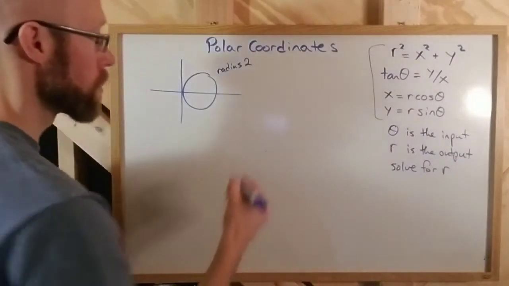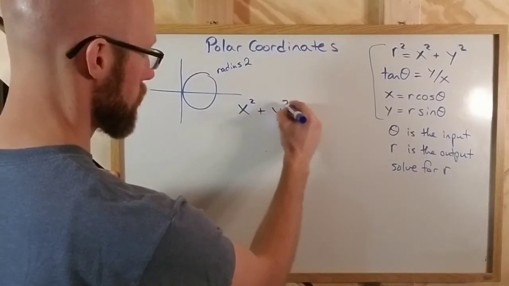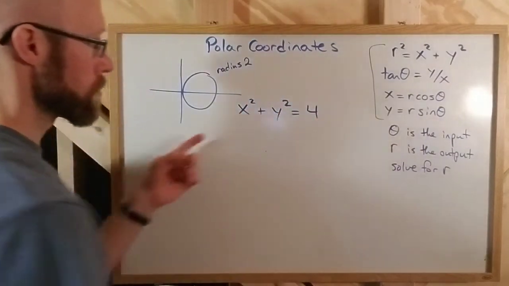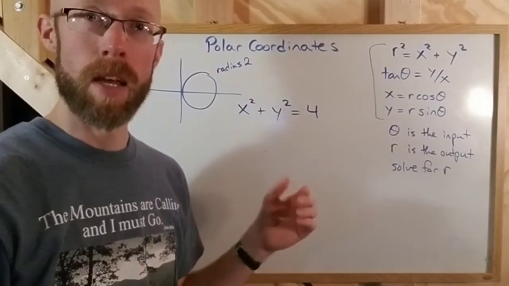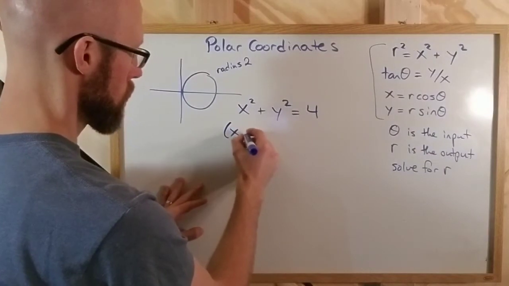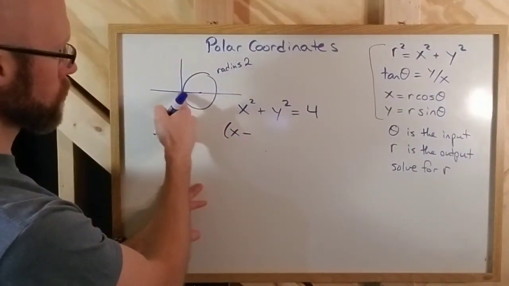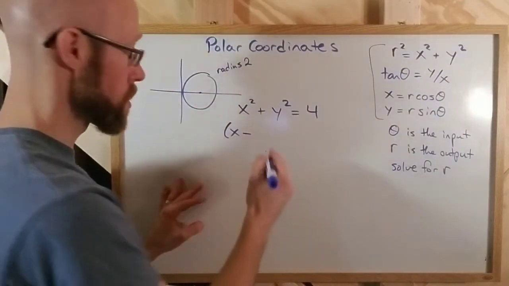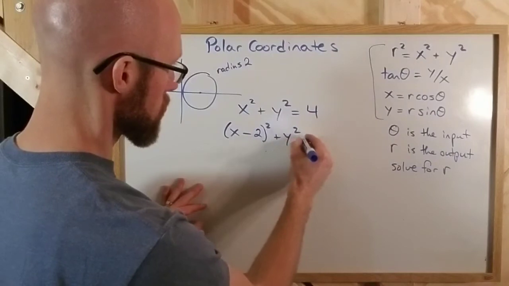So if you think about how we would write that, if you center it at the origin, it would be x squared plus y squared equals 4, right? That's the radius squared. But to shift it over, you actually have to subtract, and because it had to be shifted over 2 to make that intersect at the origin there, it'd be (x minus 2) squared plus y squared equals 4.